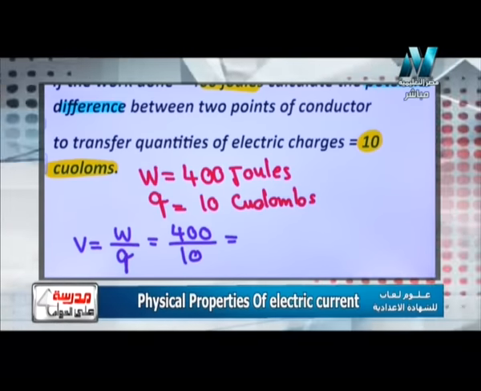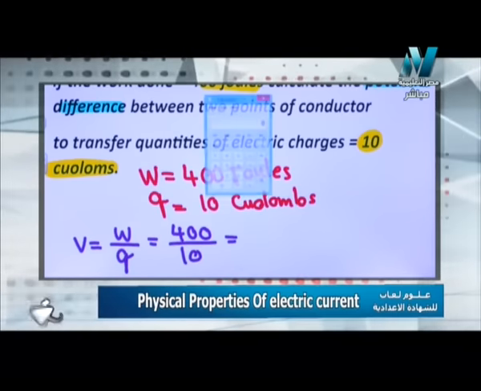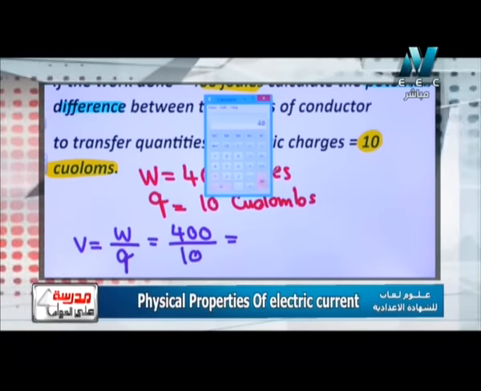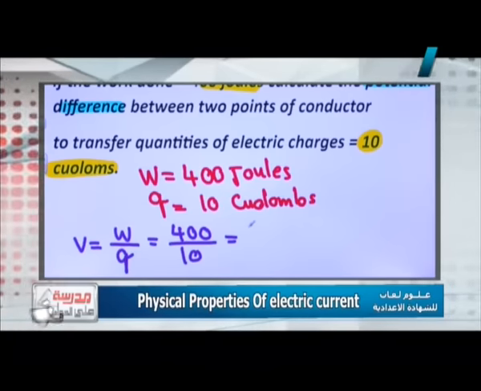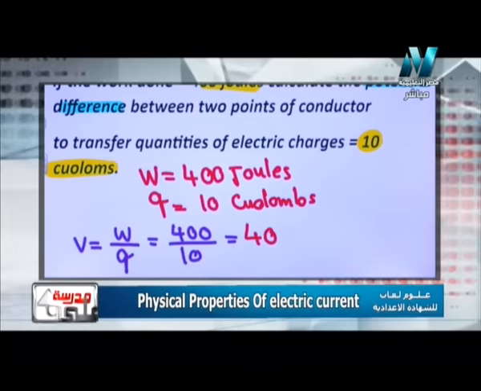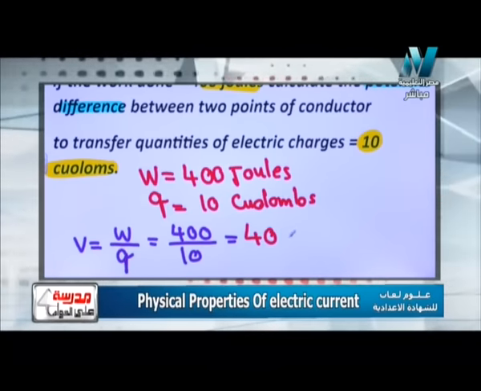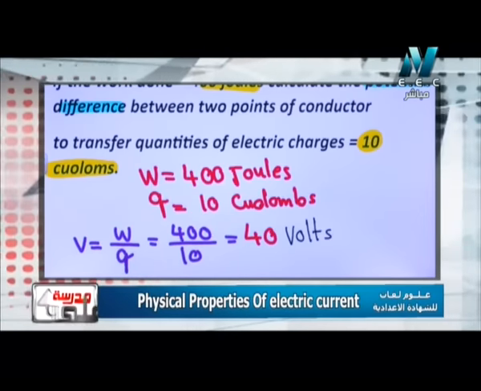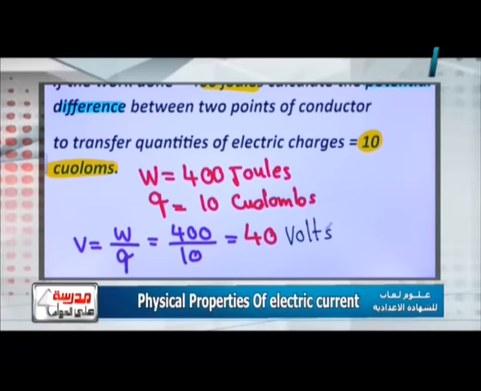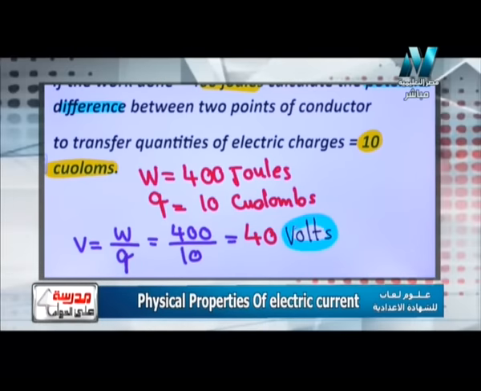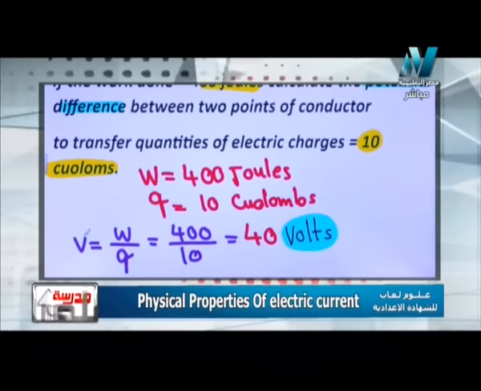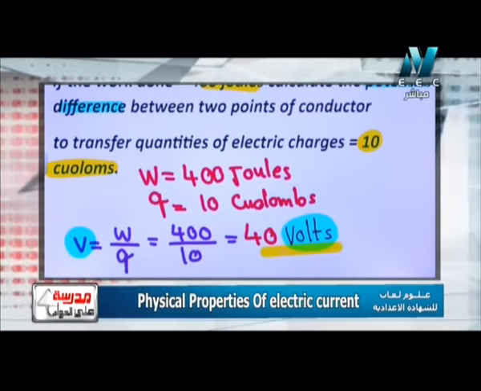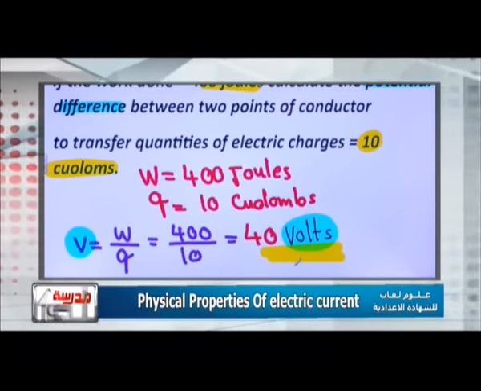As you see, by using a calculator or by your mind as you like. 400 divided by 10 equals how many? Equals 40. 40 what? The measuring unit is what? 40 volts. Yes, 40 volts, because we know the measuring unit of the potential difference is volt. V here means potential difference, and the measuring unit is volt, as you see in front of you.